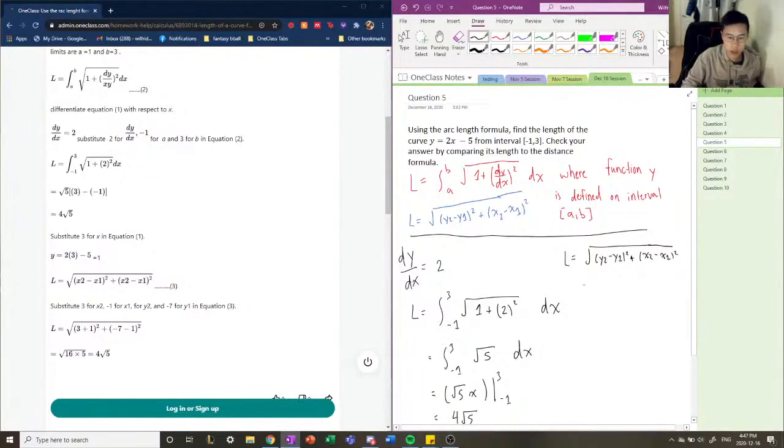Here we calculate y of -1, which is -2 minus 5, which is -7. And y of 3 is 6 minus 1, so that equals 5.